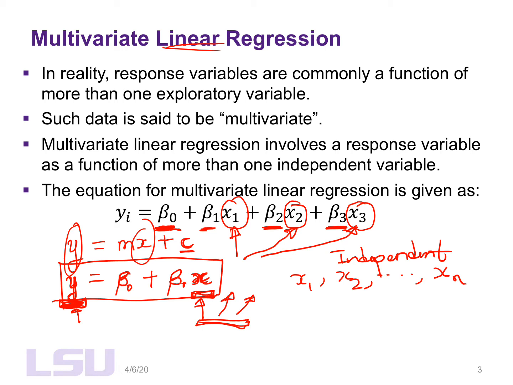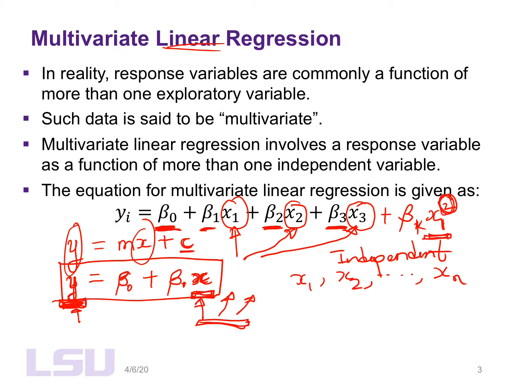You're going to see on the next slide we will have other terms. This is just an example. I'm just going to call it beta k, so it's not necessarily the fourth term. And you can have, say, x1 raised to power 2. So this is going to be second order because you're raising the independent term to a power greater than 1.